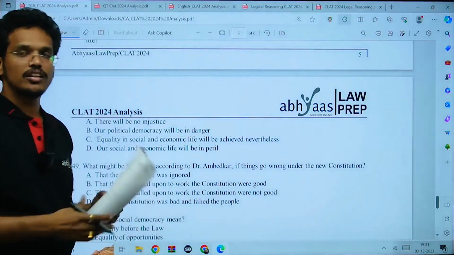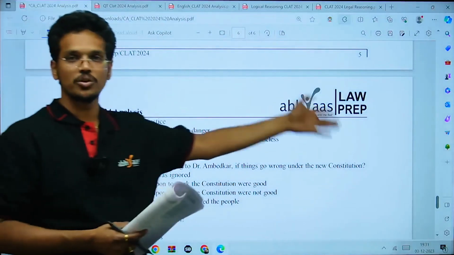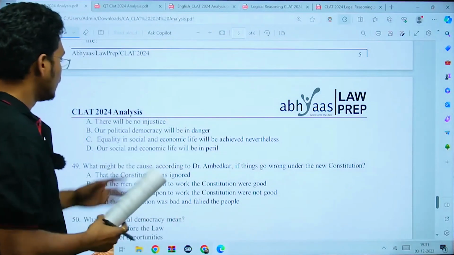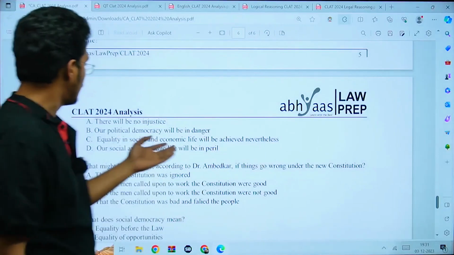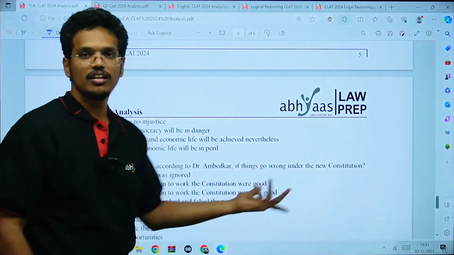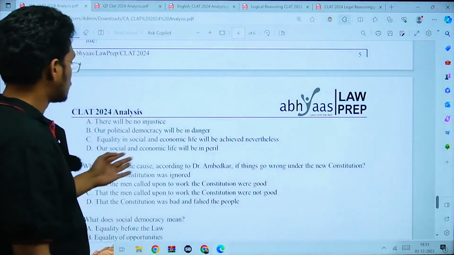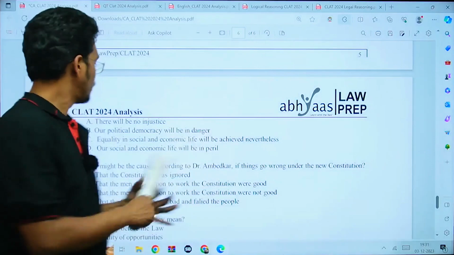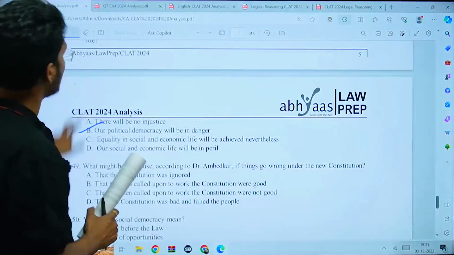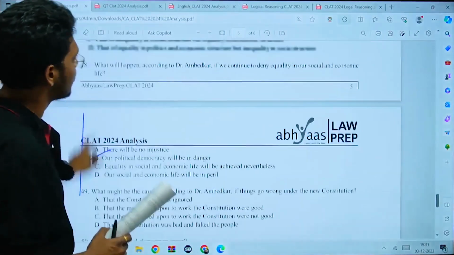That's wrong, because if we deny equal rights in social and economic life, there would be injustice. So option A is wrong. Equality in social and economic life will be achieved nevertheless, that has no meaning. Social and economic life will be in peril. So it is that our political democracy will be in danger.